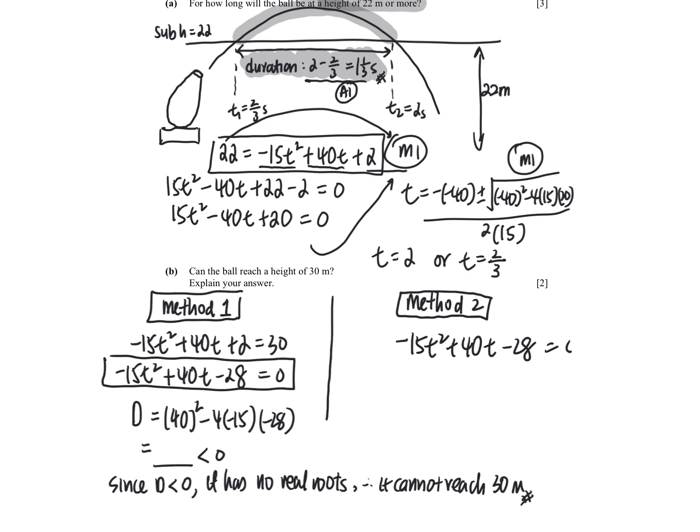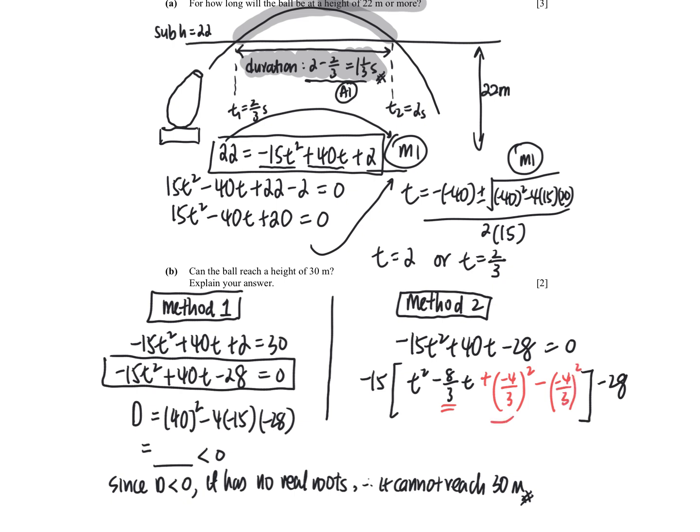Completing the square, be very careful. The coefficient of t square must be 1. So if you take out negative 15, you will get 8 over 3 t here. I usually don't touch the constant, I keep it outside. Then you add half this value squared, and you subtract half this value squared.